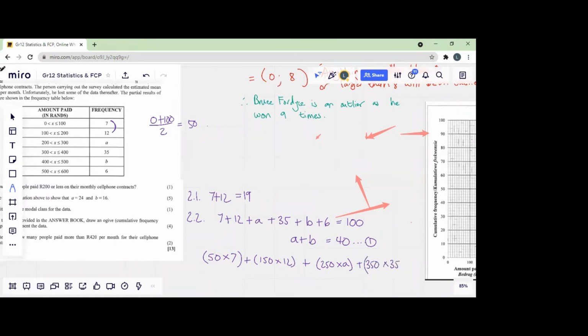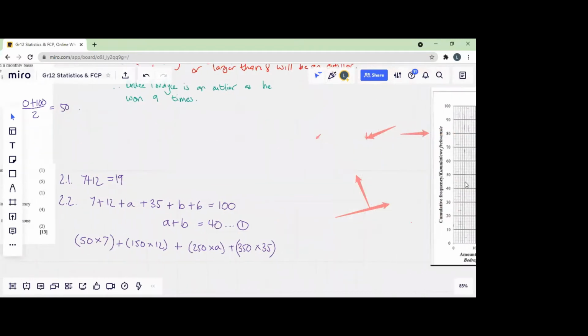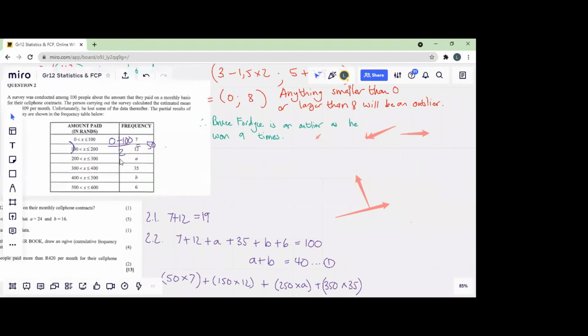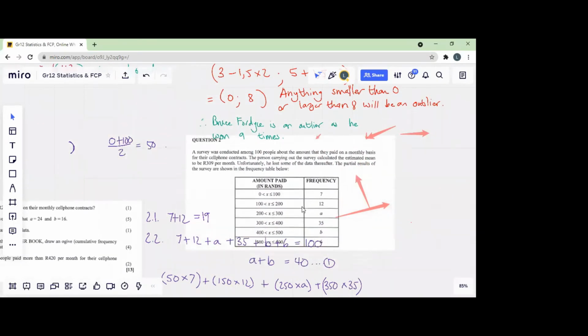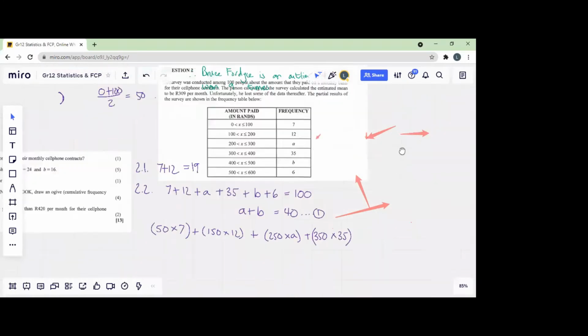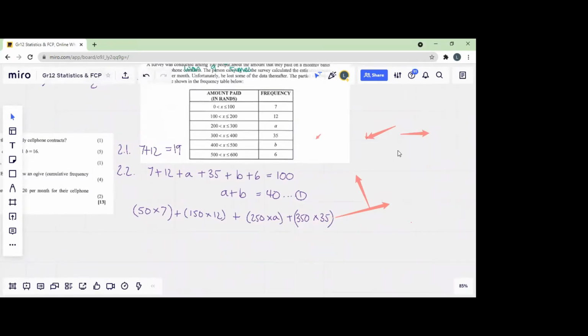I'm just going to have to move this out the way. I don't know where those arrows came from, but anyway, never mind. Okay, let's just grab this and pop it over here so that we've got this information in front of us. Okay, where were we? All right, almost there.